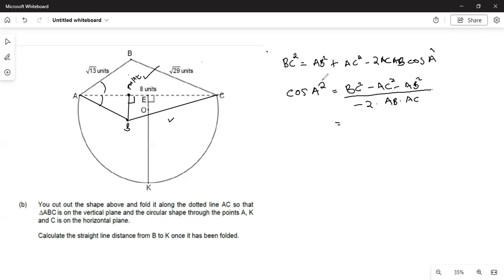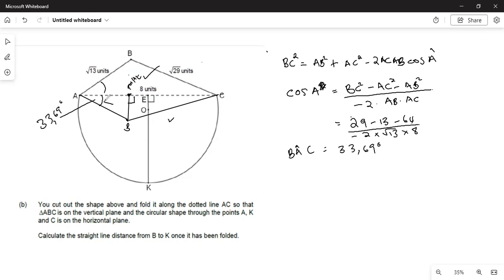Let's plug those in. We have 29 minus 13 minus 64 over -2 multiplied by the square root of 13 multiplied by 8, and we'll get that BAC is equal to 33.69 degrees. We are looking for the height of B from that point.